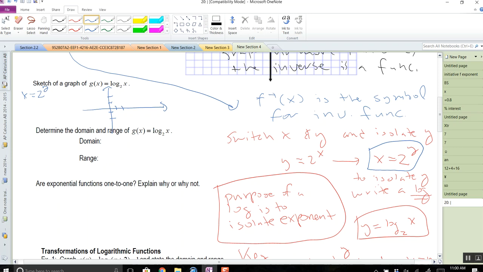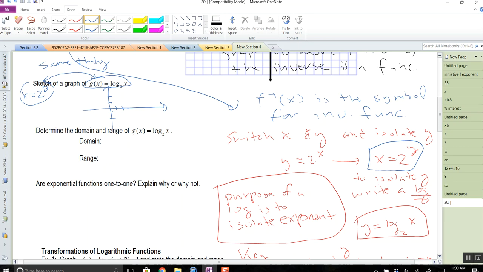Because that's the same thing, right? That's the way a log is defined. x equals 2 to the y equals y equals log base 2 of x. They're the same exact thing.